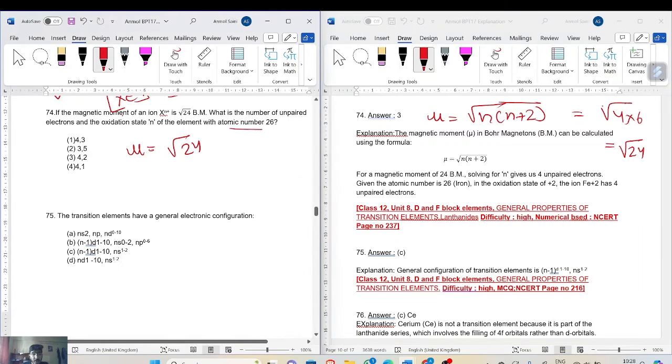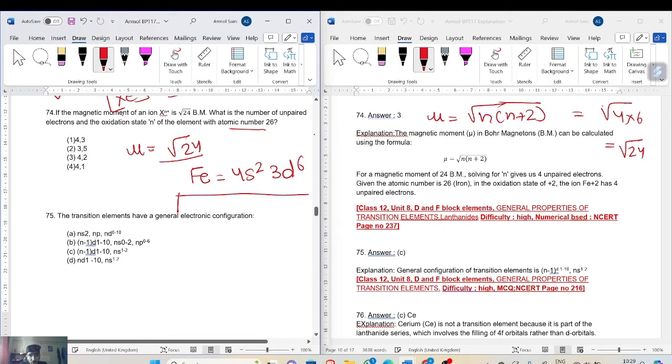Now the atomic number 26 is given, so this atom will be iron. Now we want the oxidation state at which this magnetic moment can be achieved. First of all, we will write the electronic configuration of iron. It will be 4s2 3d6. And now we want 4 unpaired electrons, because then only we will get mu equal to root 24.